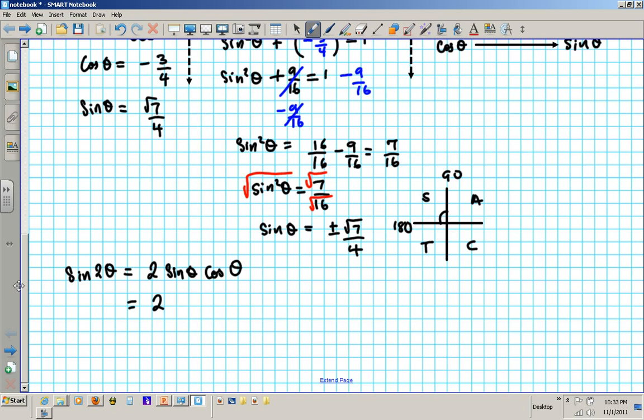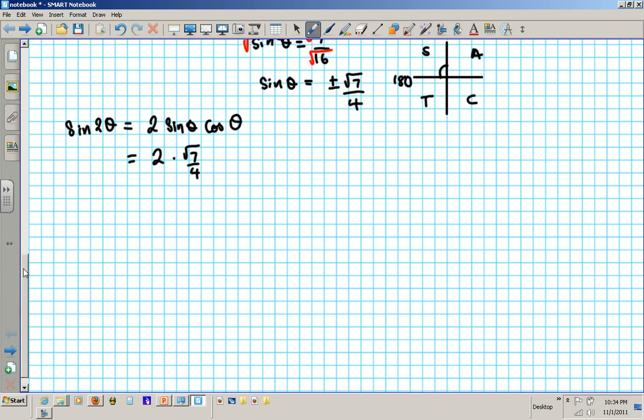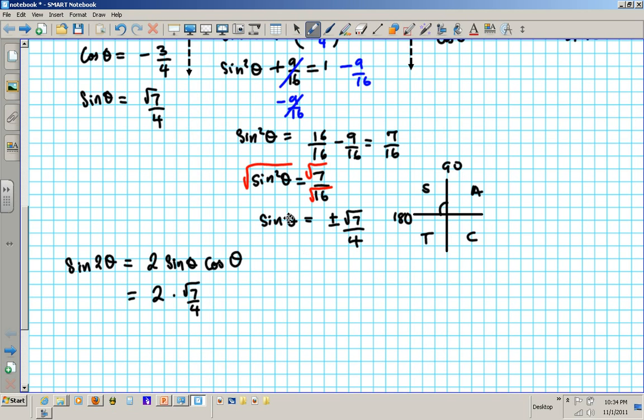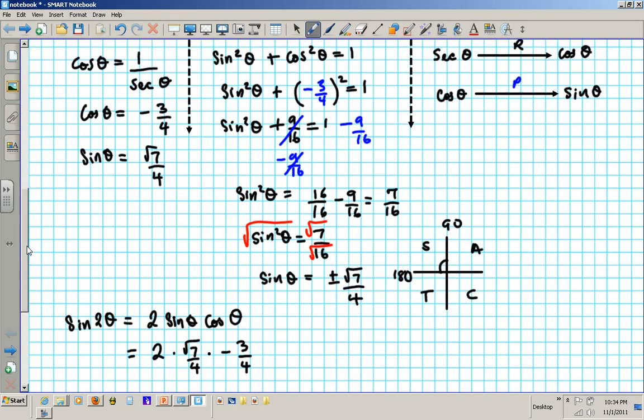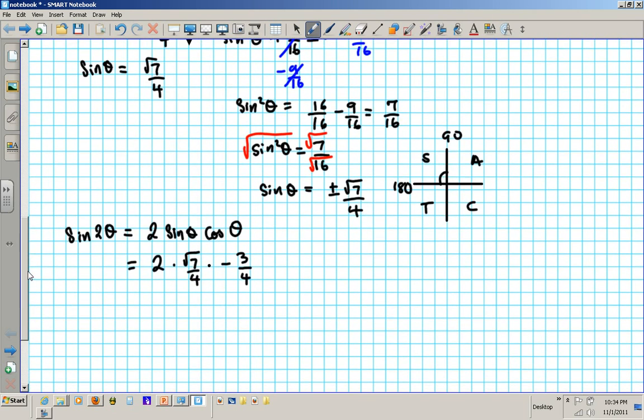Now, moving along. So sine 2 theta, we're going to plug it into this formula. Sine theta is √7 over 4, as we derived from our work just now, and cosine theta is -3 over 4 as a consequence of reciprocating what we got earlier from secant.